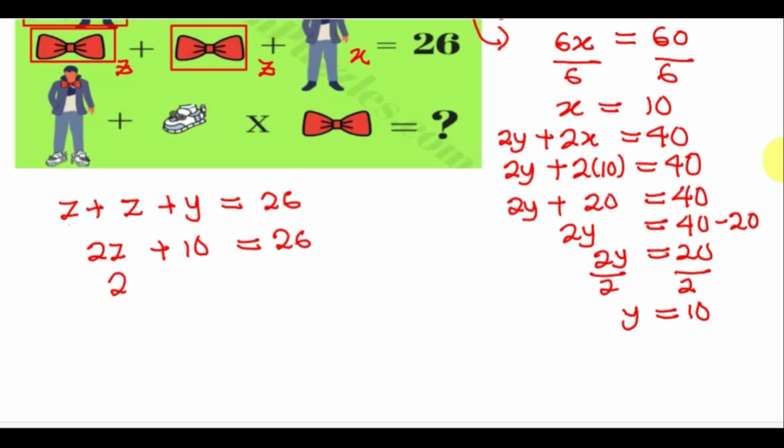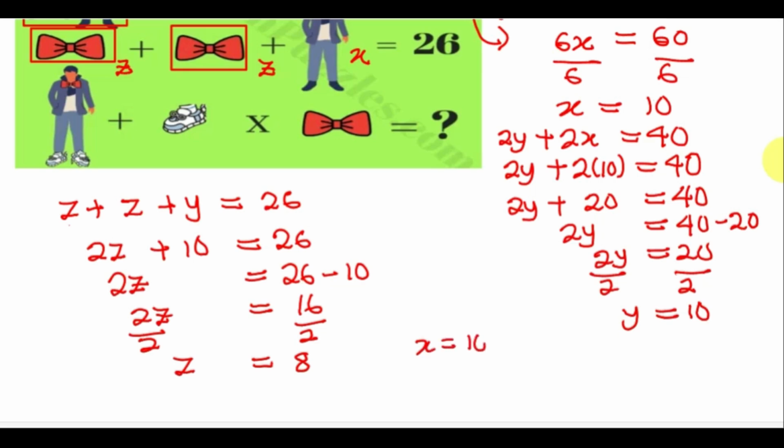So we have 2z equals 26 minus 10, which gives us 16. Divide both sides by 2, we get z equals 8. So here we have found x equals 10, y equals 10, and z equals 8. These are the values of the variables.